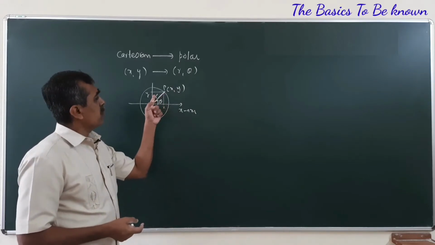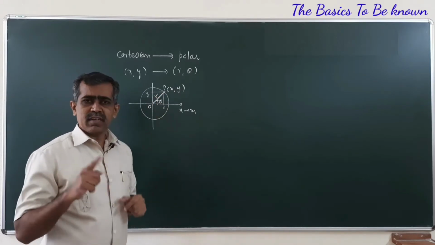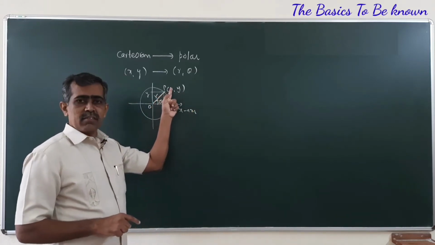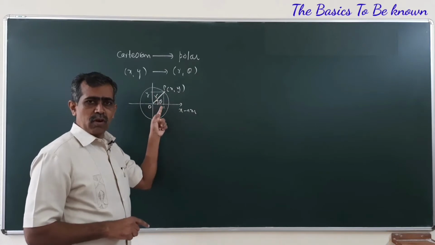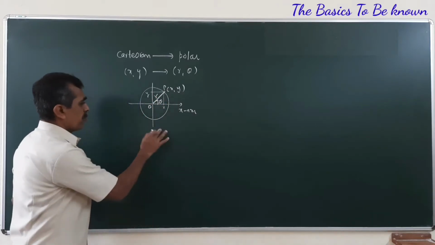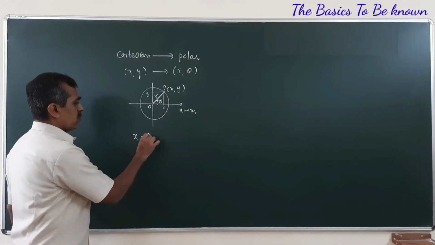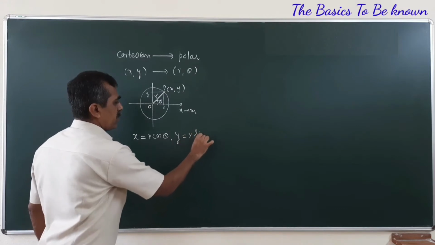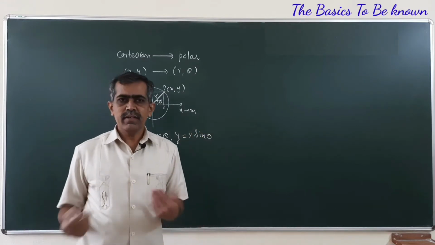Both describe the same point P. What is the relation between them? You know very well, since your 12th standard, x is r cos theta and y is r sin theta.